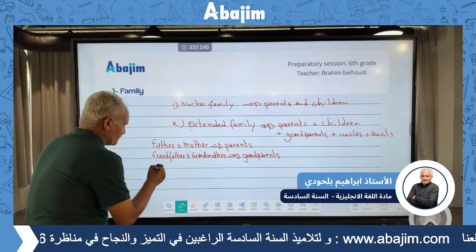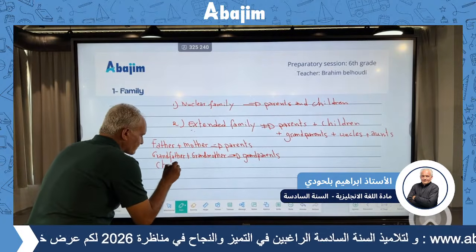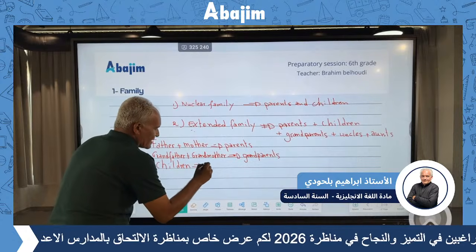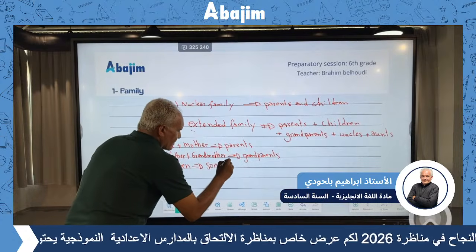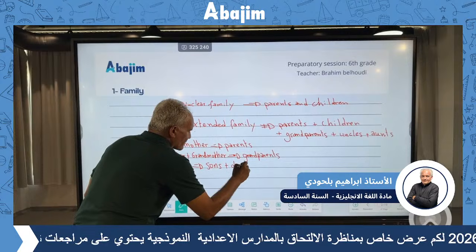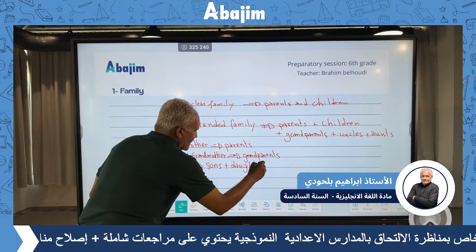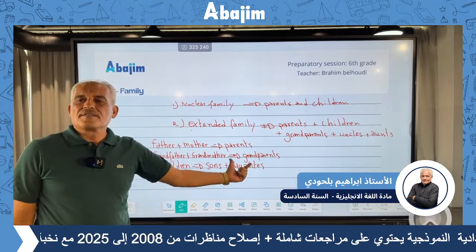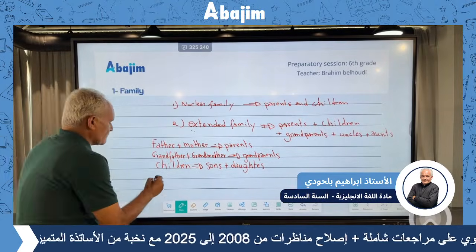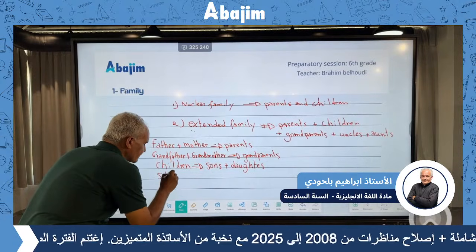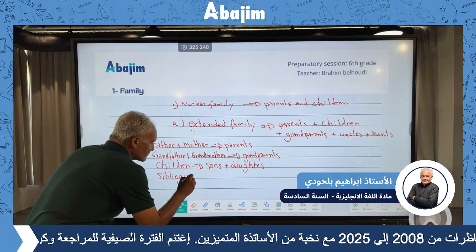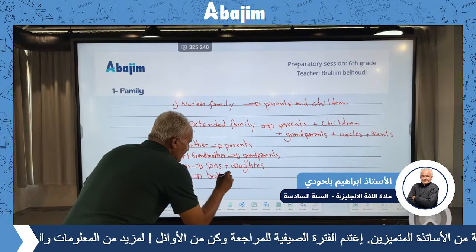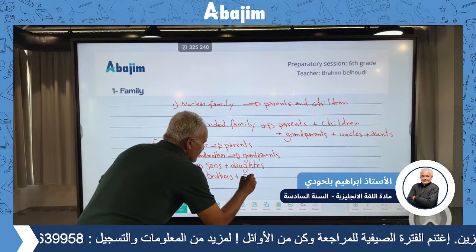Then we have the children. They are sons and daughters. Sons for male and daughters for female. Then we have siblings. It's about brothers and sisters.